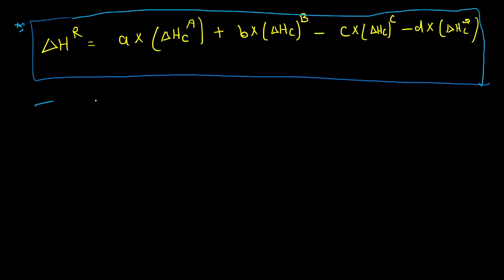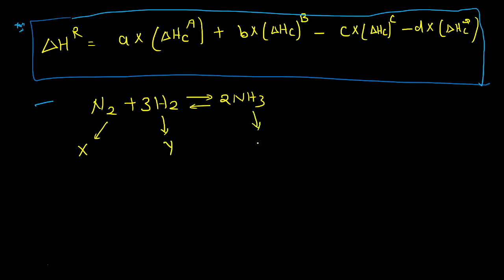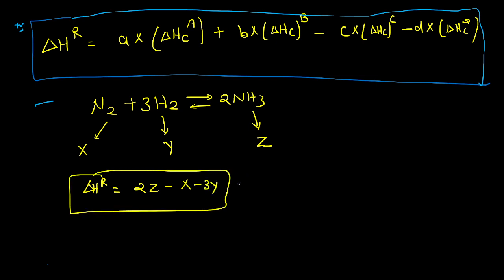If the reaction N2 plus 3H2 is given, forming 2NH3, for N2 if enthalpy of formation is X, for H2 enthalpy of formation is Y, and for NH3 enthalpy of formation is Z. So can I write delta H of reaction equals 2Z minus X minus 3Y. So this is the way that you can calculate using the enthalpy of formation, right? So you'll have to focus on the unit as well.